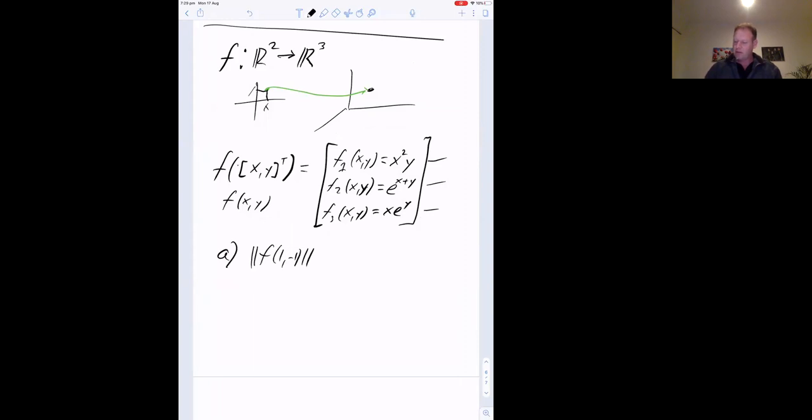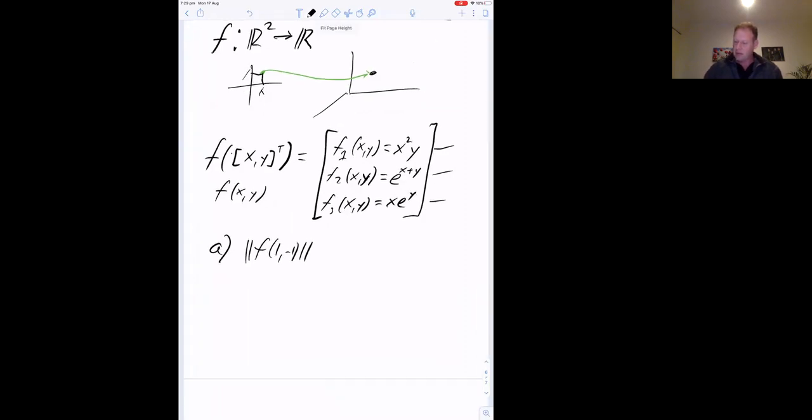What you need to do here is just plug in 1, -1. So it's the square root of 1 squared times negative 1, squared, since this squares from the norm, that's the f1, plus e to the 1 plus negative 1, squared, plus 1 times e to the negative 1, squared. You can simplify this a bit, not so much, and that's going to be the norm. Correct me if I make a mistake, which is possible.